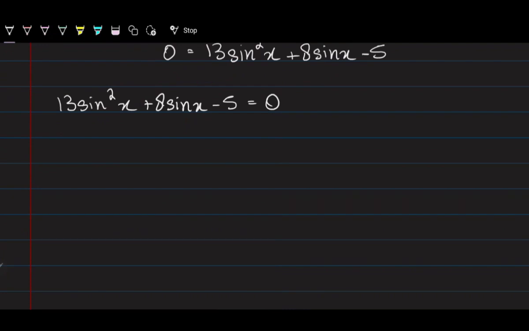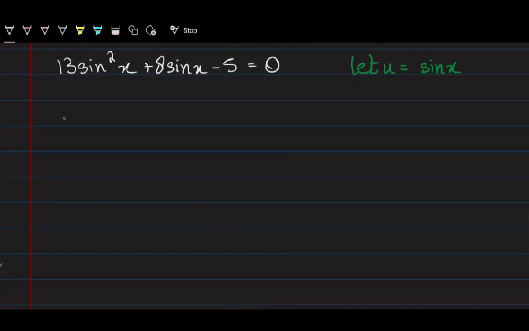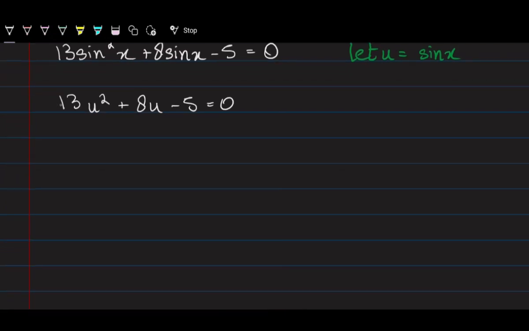And now we can solve this like a normal quadratic equation. So for simplicity's sake, we can let u be equal to sine x, just so things are clear. So 13 u square plus 8u minus 5 is equal to 0. And now we just need to factor this. And I can see using my calculator that 13 into minus 5, so the coefficient of the u square and the constant, when multiplied together, gives me minus 65.